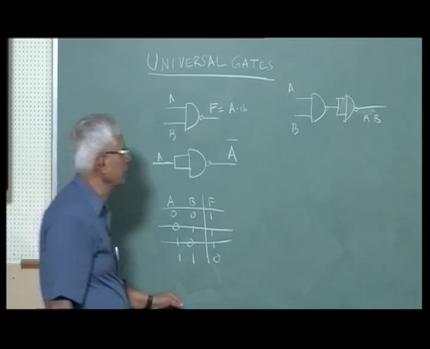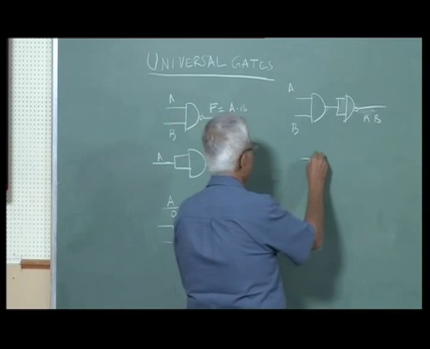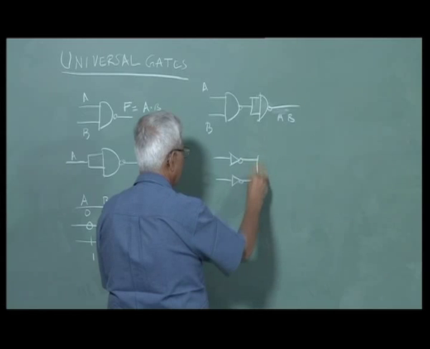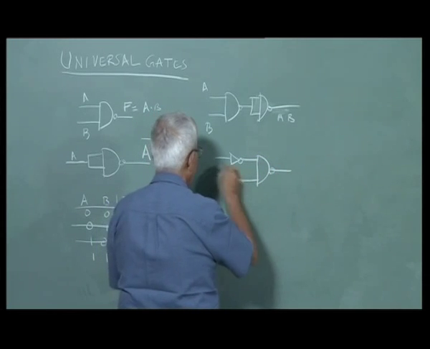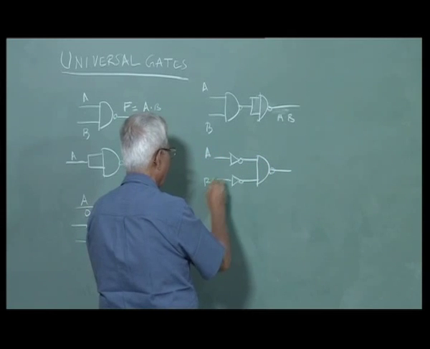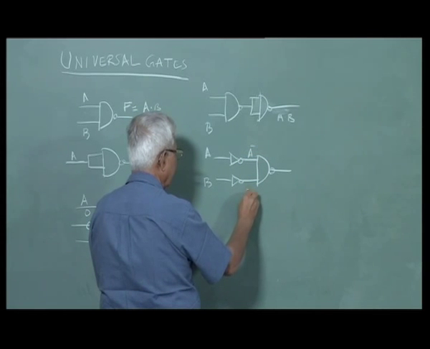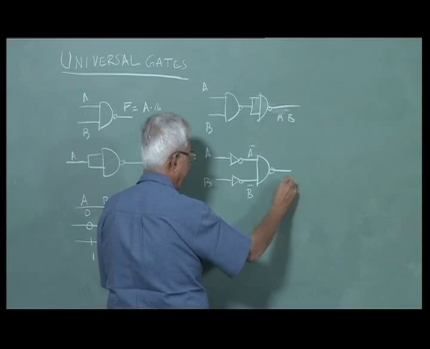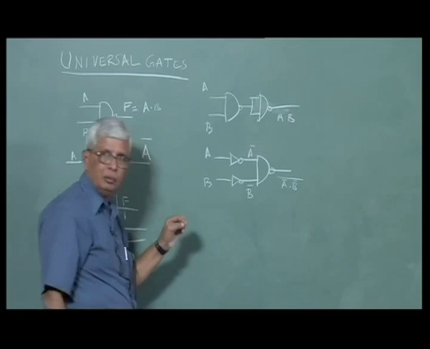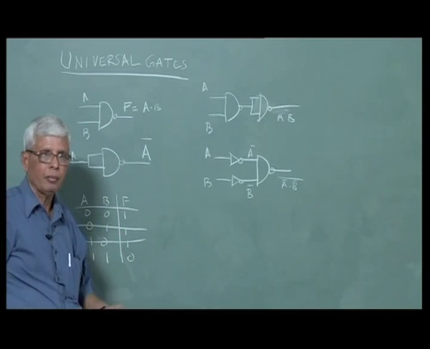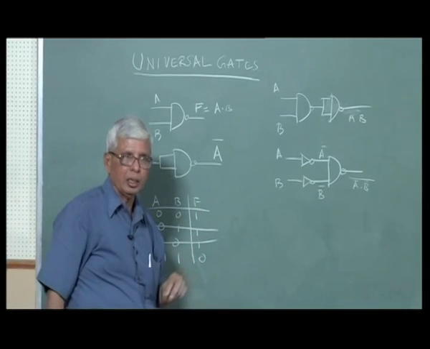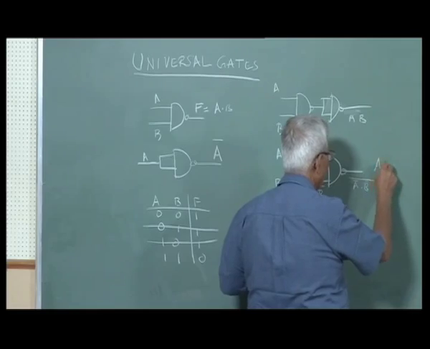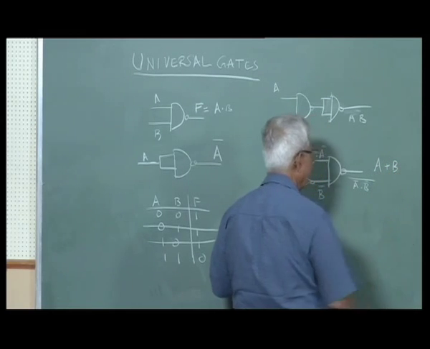Third one, we want OR. This is A, this is B, this is A bar, B bar, and this is A bar, B bar, whole bar, because AB whole bar becomes A bar, B bar whole bar, which is the same as A OR B. That we will see later in Boolean algebra.